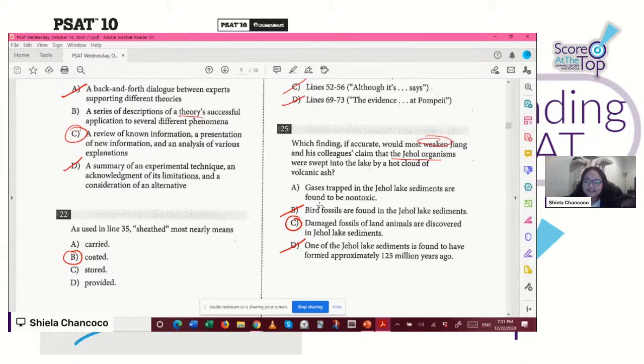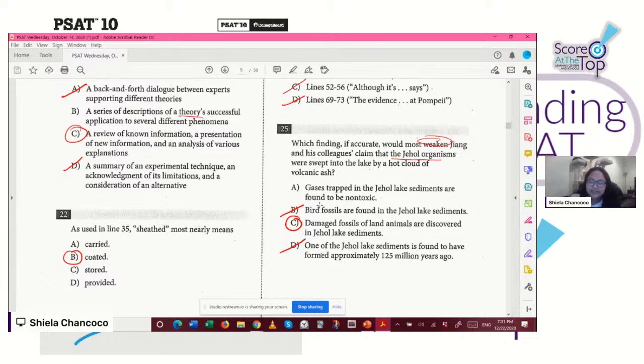But the one that stands out here is that if damaged fossils of land animals are discovered in Jehol Lake sediments, right? What would that mean? So would that weaken or support? This is a thing that would weaken the idea of Jiang and his colleagues, because it's damaged, right?